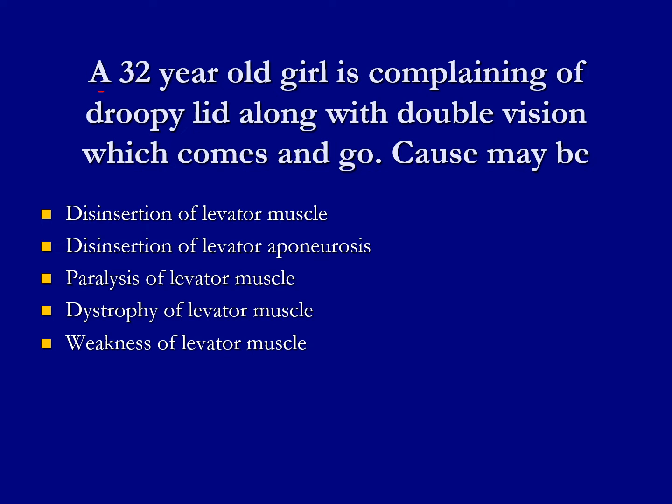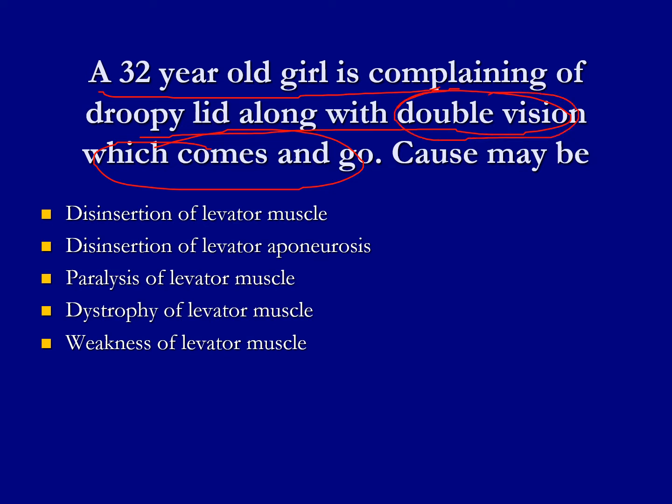A 32-year-old girl is complaining of a droopy lid with double vision which comes and goes. Comes and goes means it is not permanent, and double vision means it's also causing problems with the other muscles. Again, disinsertion of the levator aponeurosis is not possible because the condition is coming and going.